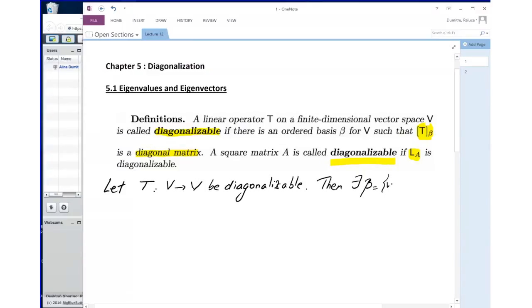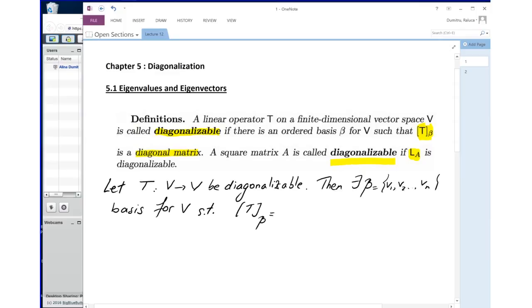So beta, let's say, is V1, V2 up to Vn, if the dimension of V is n. There exists such a basis such that the matrix of T in that basis is a diagonal matrix.